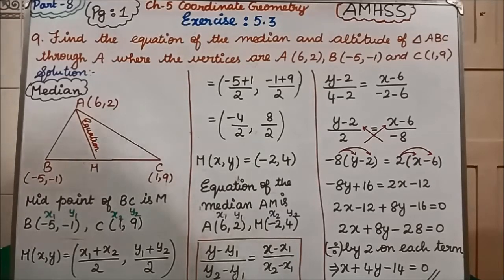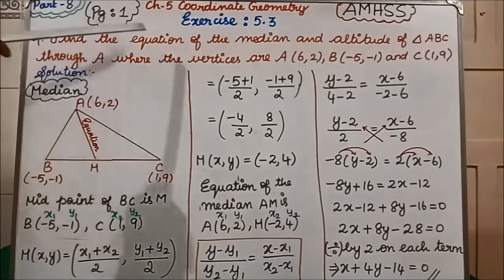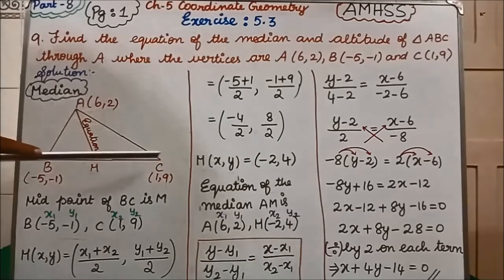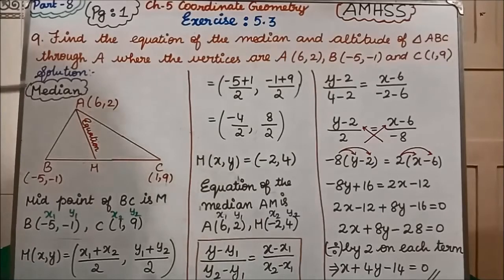Now see how they were saying, find the equation of the median and altitude of a triangle ABC. First we have to draw triangle ABC. Through A, they were saying, we have to draw the median. So A should be at the top and B and C should be in the base.